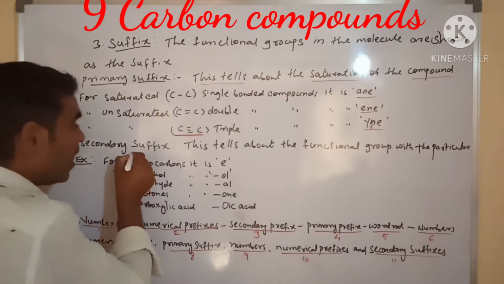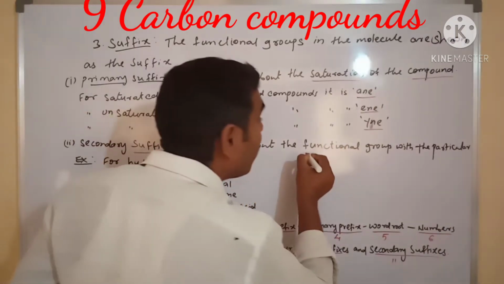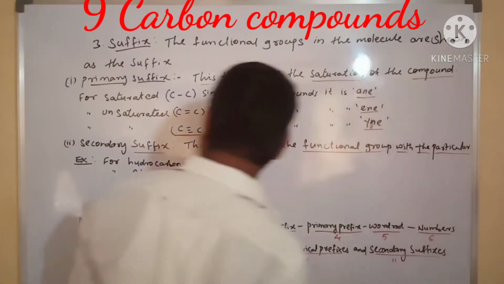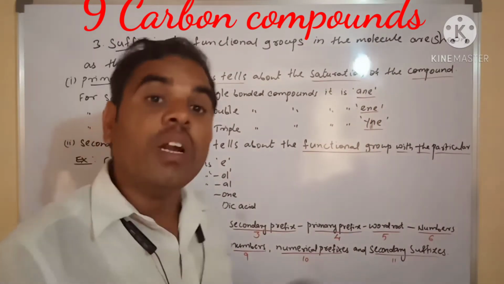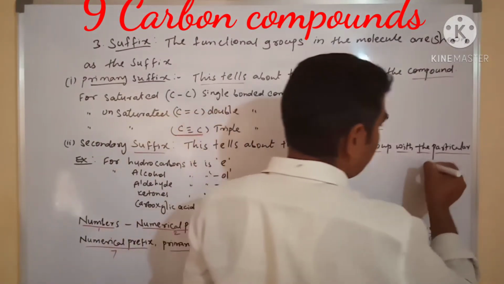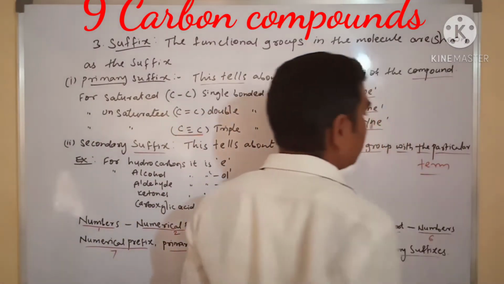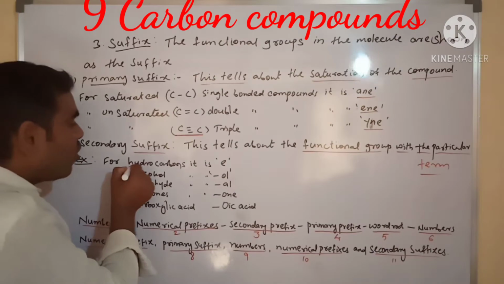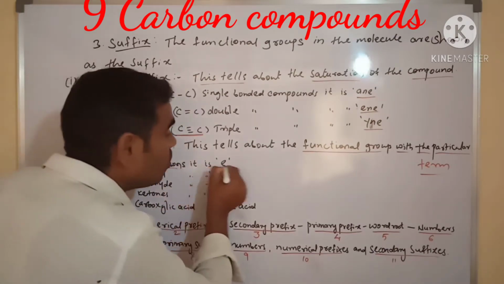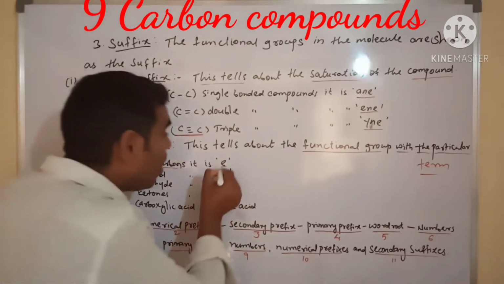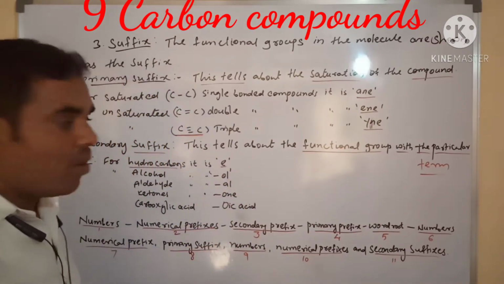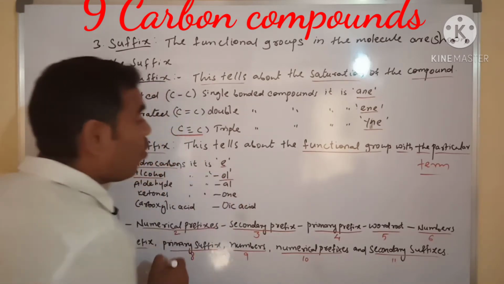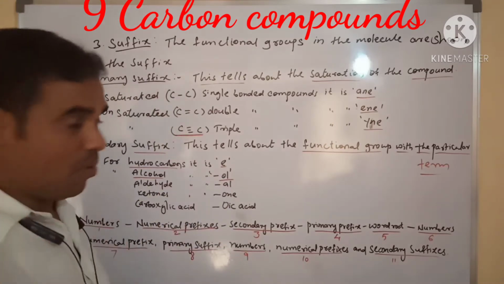The secondary suffix tells about the functional group with the particular term. We have to write the particular term also. For hydrocarbons, we have to use only e. Next, alcohol, we have to use ol, O-L.